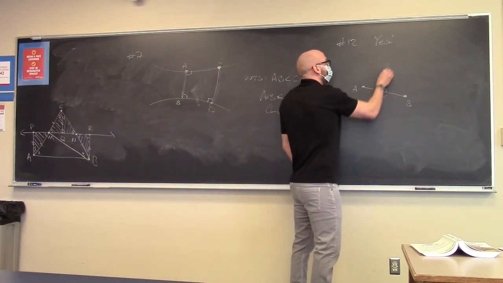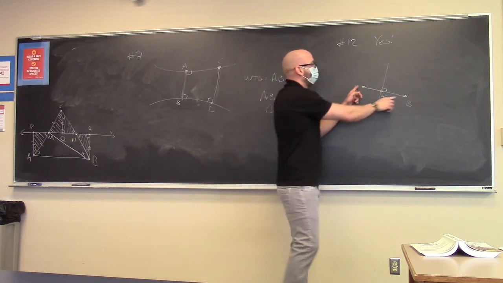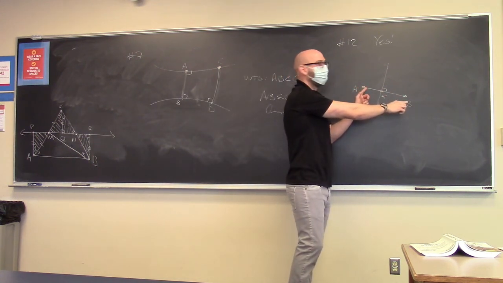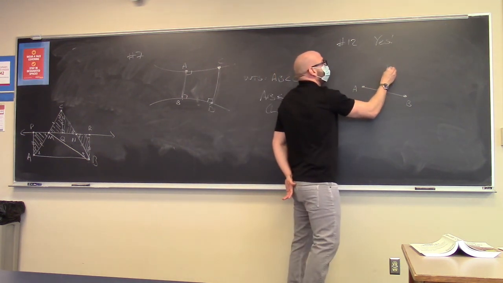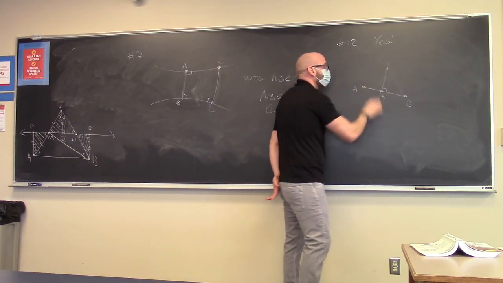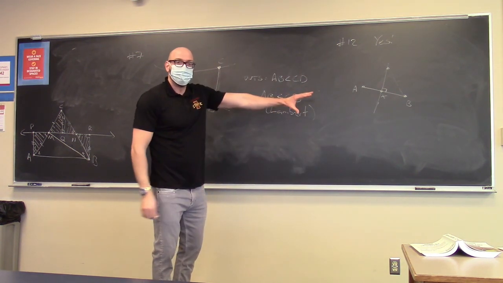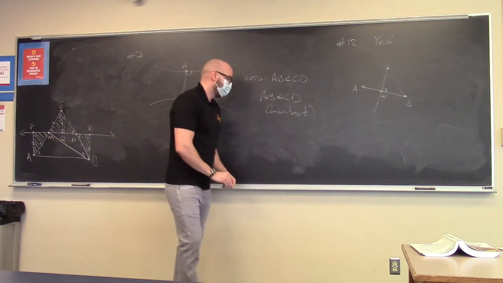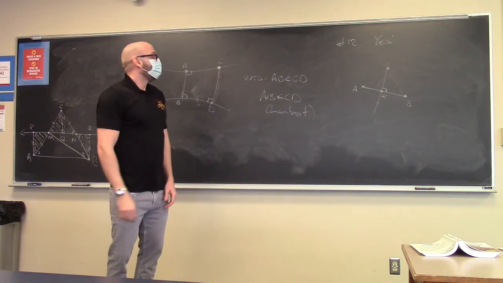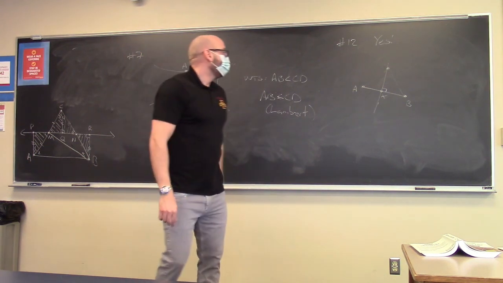But what's true about points on the perpendicular bisector with respect to A and B? They're equidistant, right? So if you choose any point here, I know those are the same length. If you choose appropriate points, you should be able to construct a quadrilateral where all the sides are the same length. So this picture pretty much does it all for you, but I'll leave the last couple of details to you.